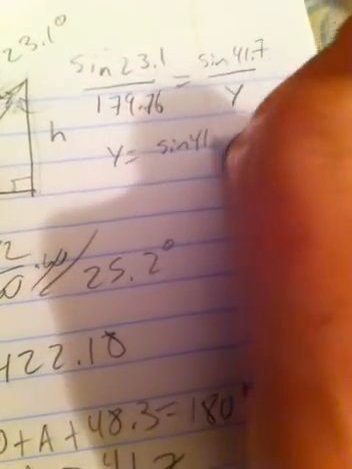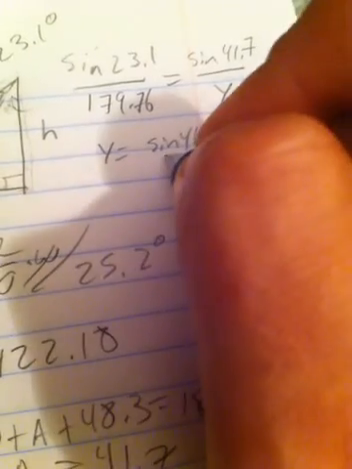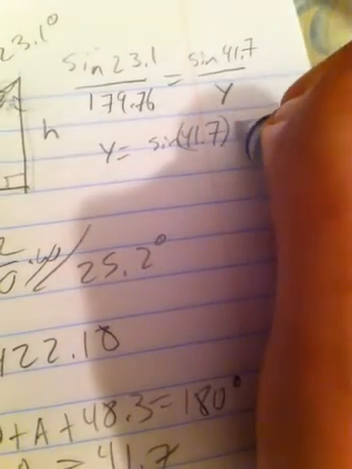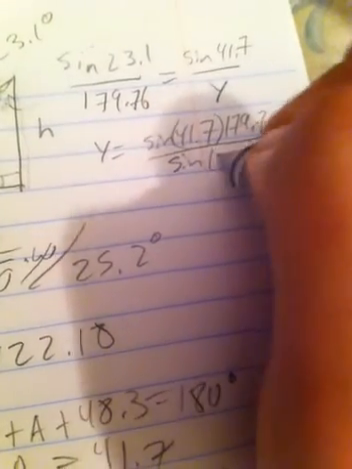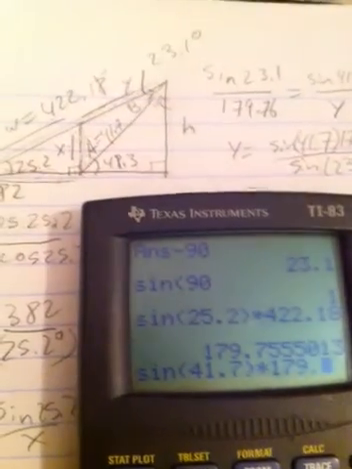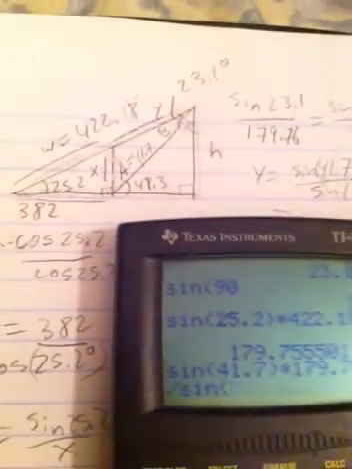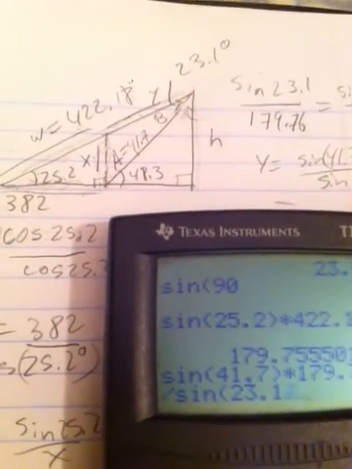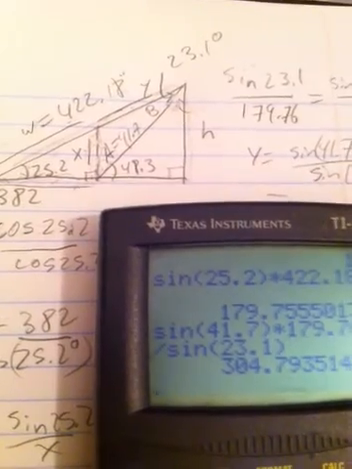And then y equals sine 41.7 times 179.76 over sine 23.1. Those are parentheses. This equals 304.79. So y equals 304.79.